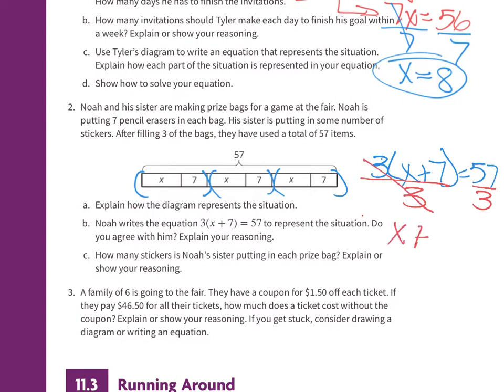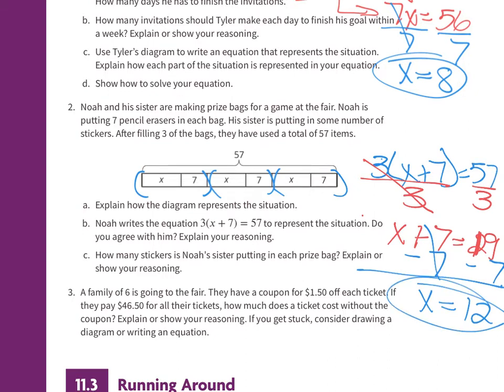So we have x plus 7 equals 19, not 29. All right, and then we subtract 7 from both sides. 19 minus 7 is 12, so x equals 12. All right, how many stickers is Noah's sister putting in? She is putting in 12 stickers.